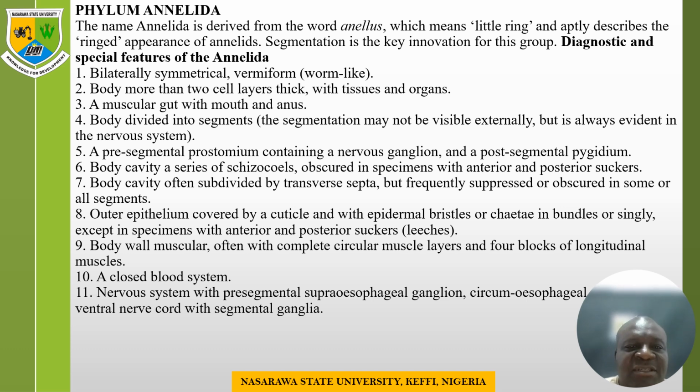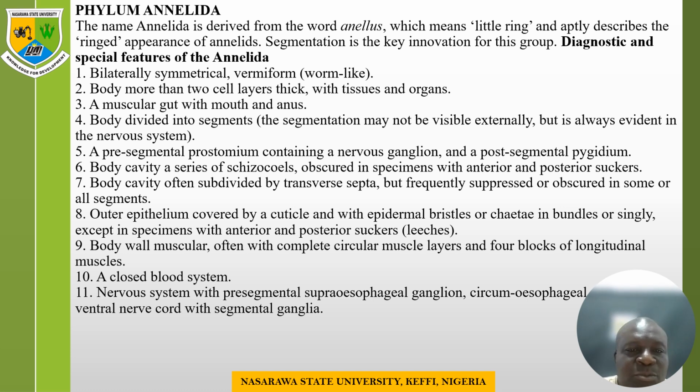The body cavity has a series of schizocoels, with anterior and posterior suckers in some specimens. The body cavity is often divided by transverse septa, but frequently suppressed or obscured in some or all of the segments. The outer epithelium is covered by the cuticle and epidermal bristles, chitin in bundles or single.